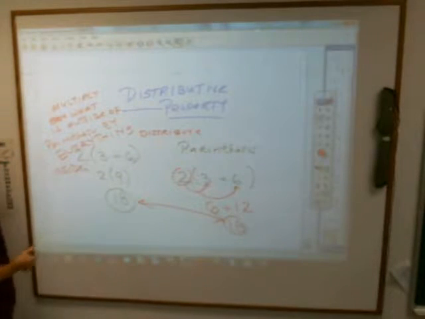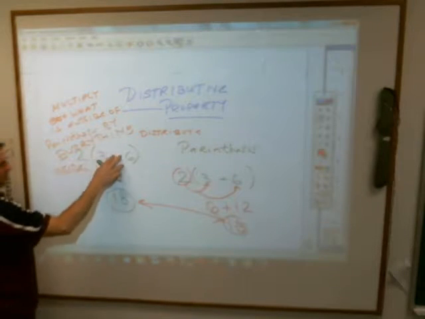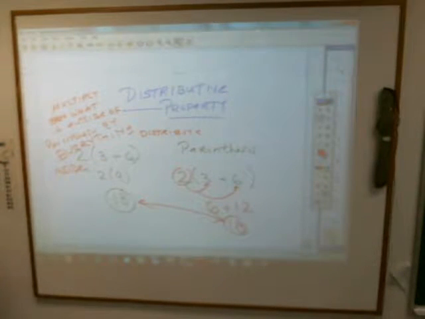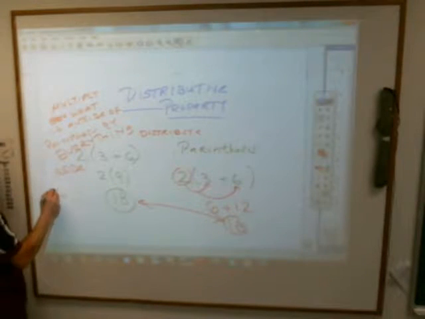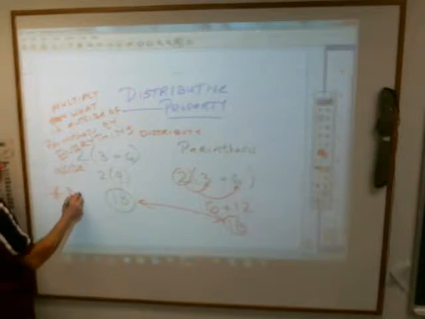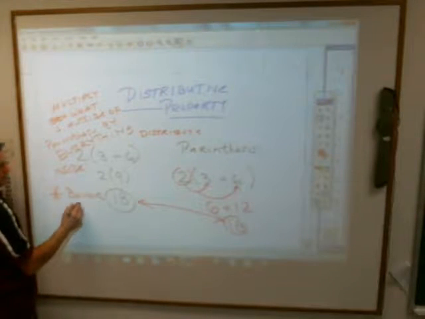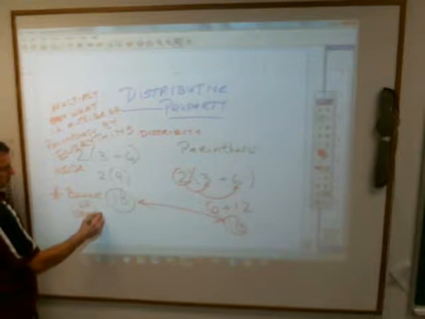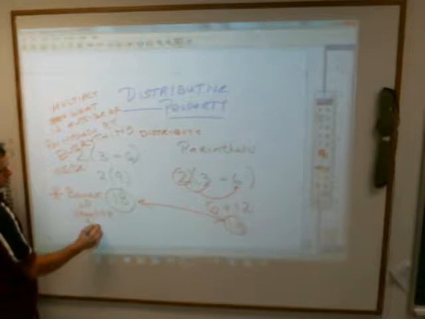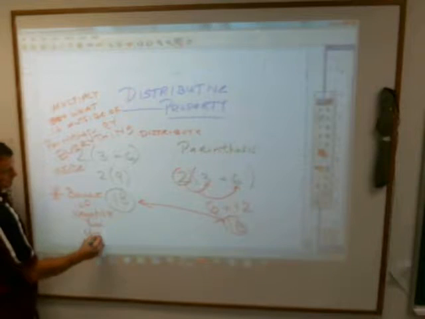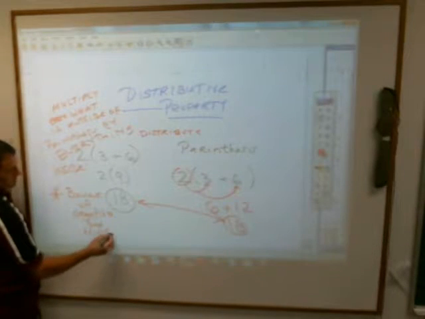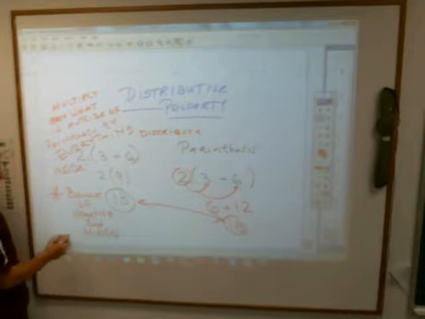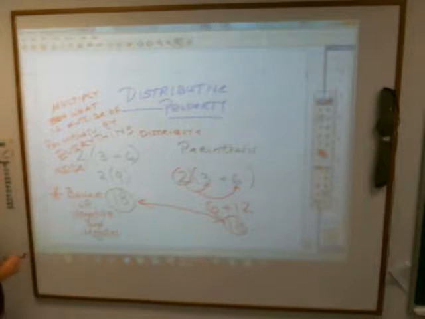Or in math, you would say this term on the outside gets multiplied by every term on the inside. And the other thing I would put in big letters with a big asterisk is, write this: beware of negatives and minuses. I'll give you a chance to write that and then we will talk about it.